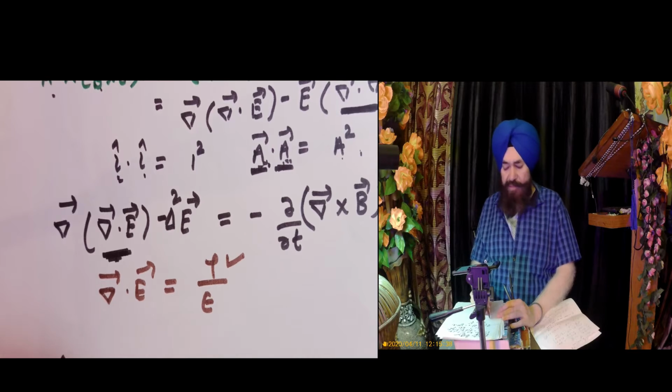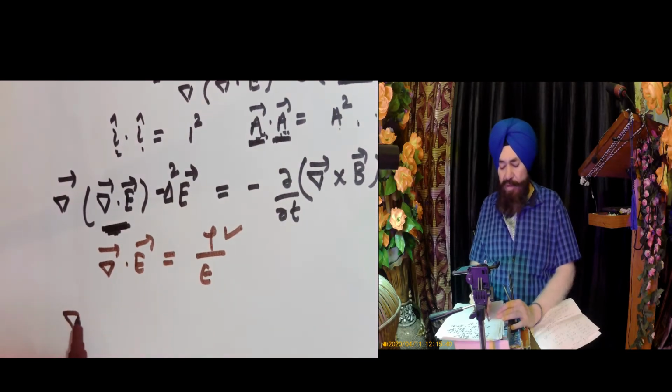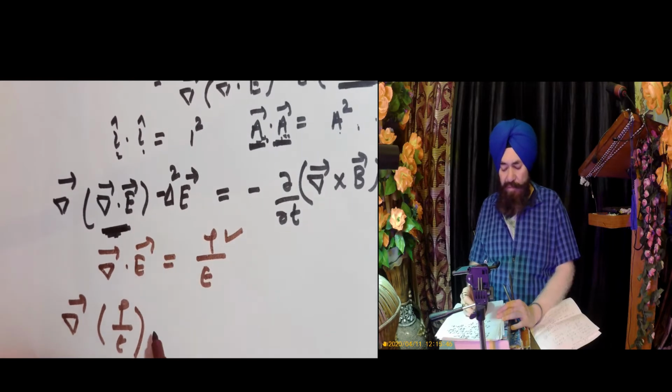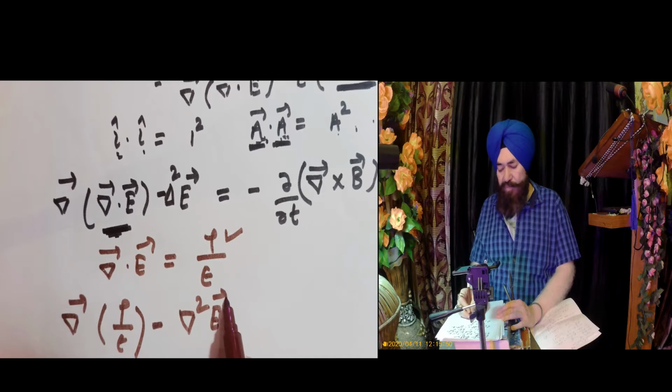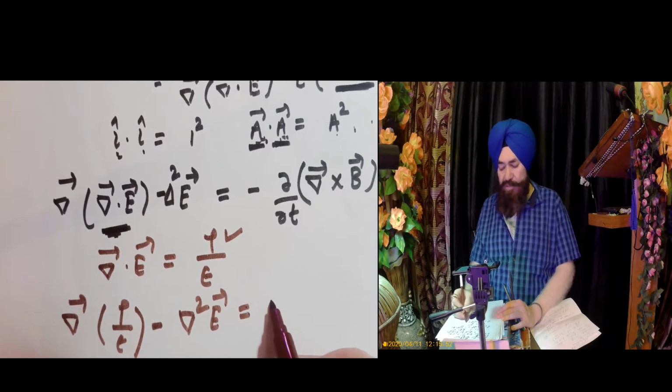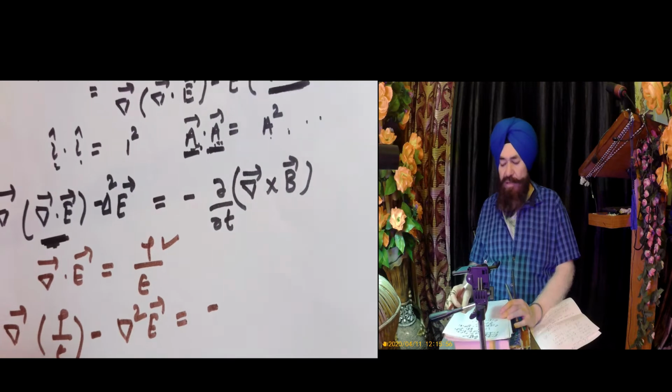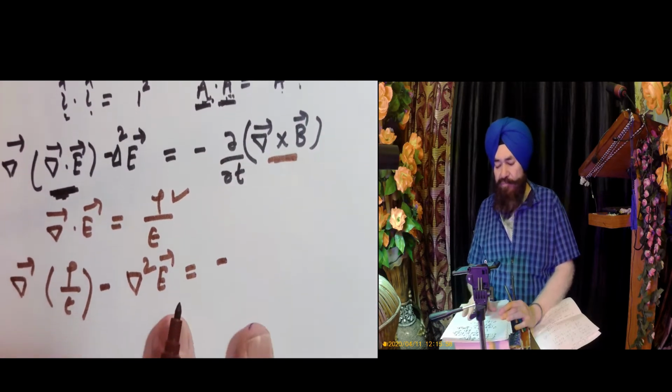Now this becomes del vector rho upon epsilon, okay, minus del square E is equal to minus, now what is del cross B?